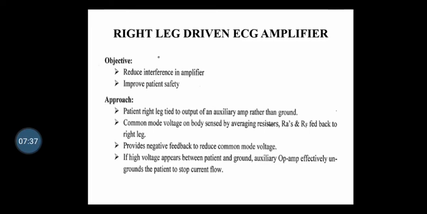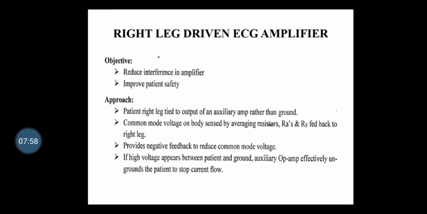In this approach, the patient's right leg is tied to the output of an auxiliary amplifier rather than ground. In the previous power line interference case, the patient's leg was connected to ground. Here we are going to connect the right leg to the output of an auxiliary amplifier.